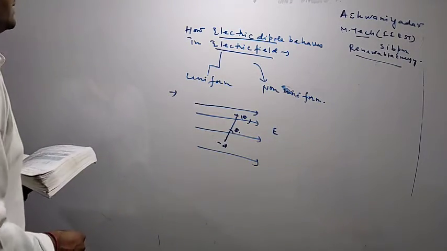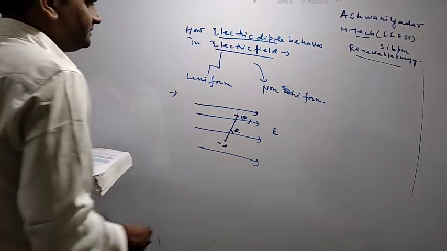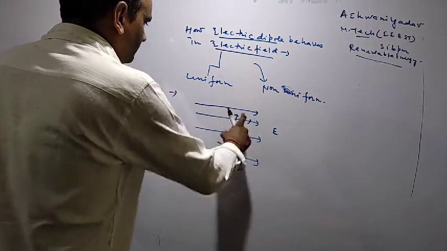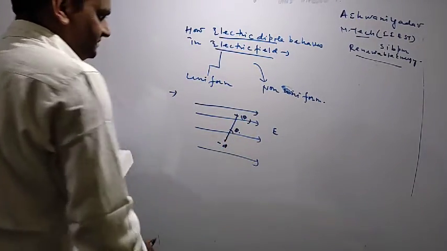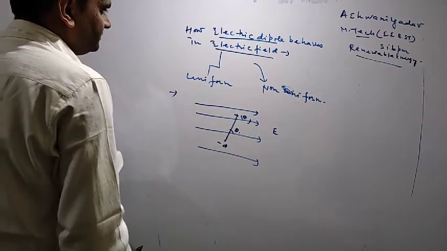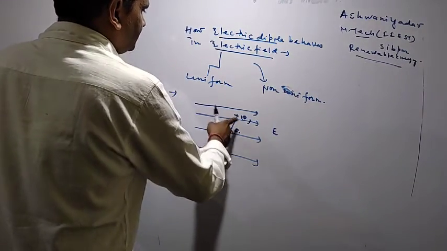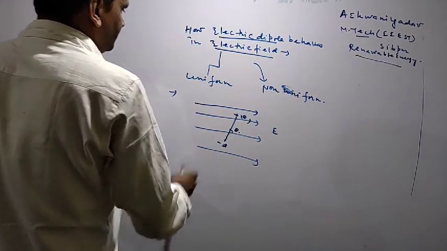So this is the situation. You find this dipole and electric field interaction. What will happen when dipole is present in uniform electric field?